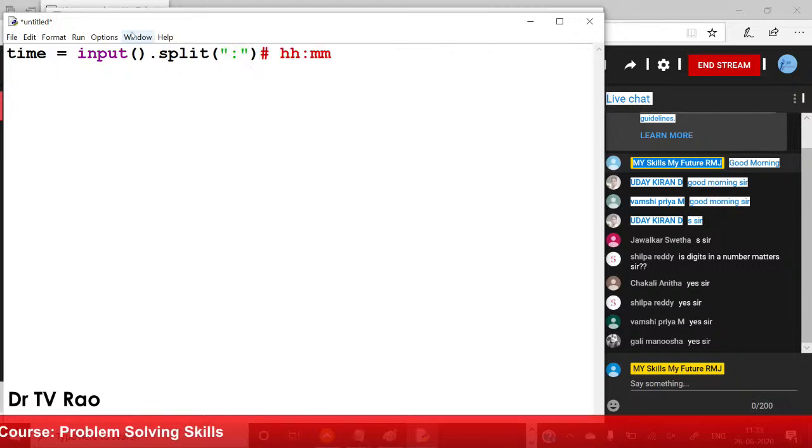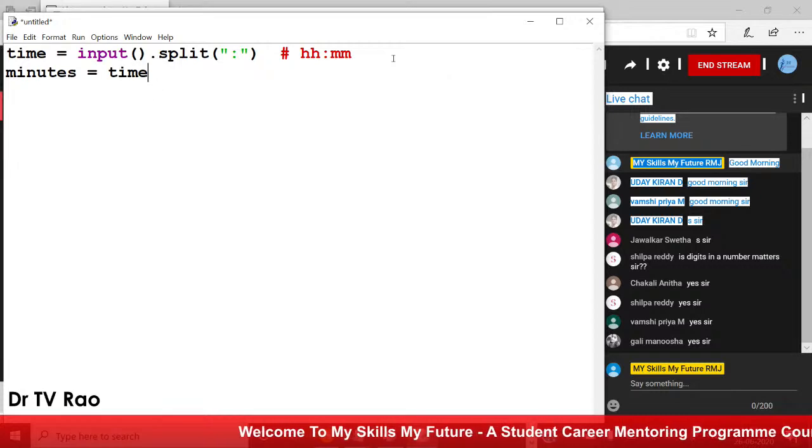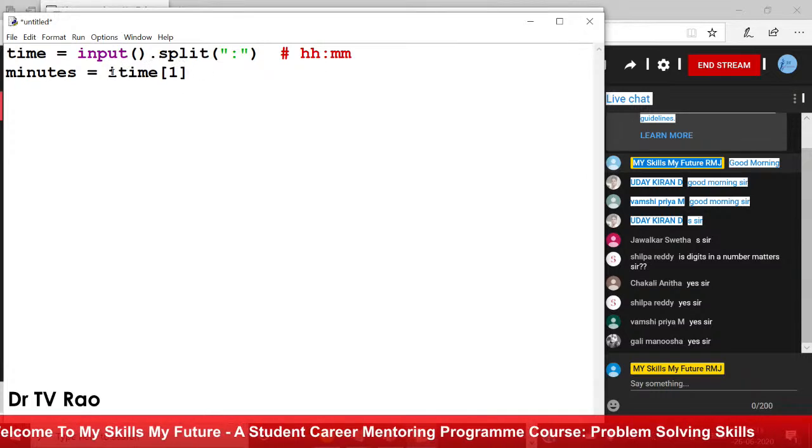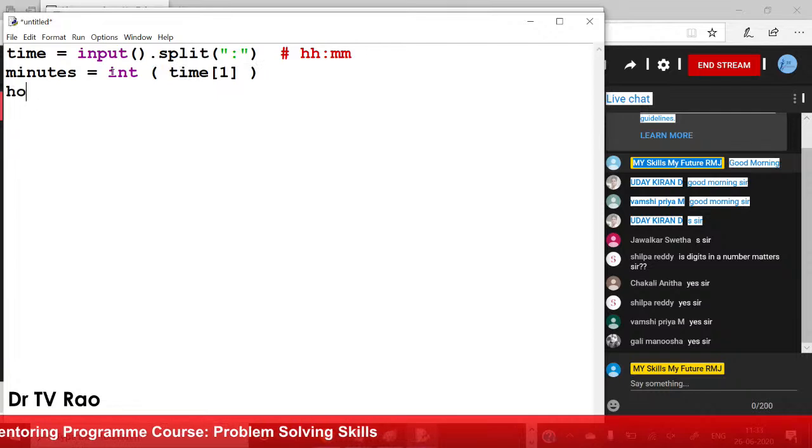Now, let hours, let minutes is equal to time 1. Okay, but it was a string. It is now an integer. Okay, now find out total hours. Right, so total hours is how many hours?